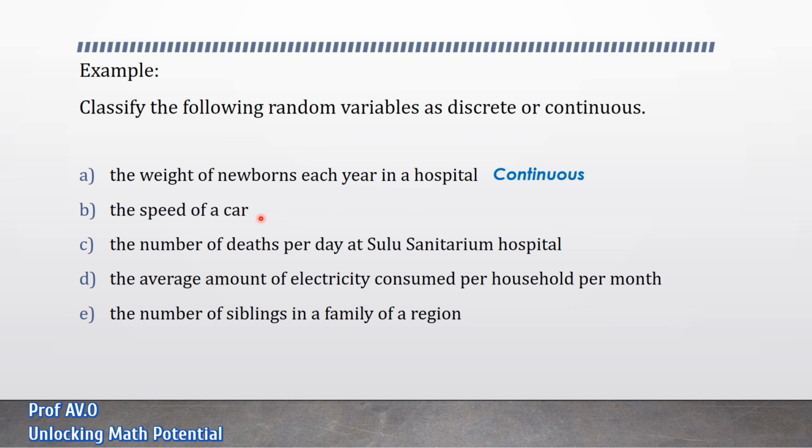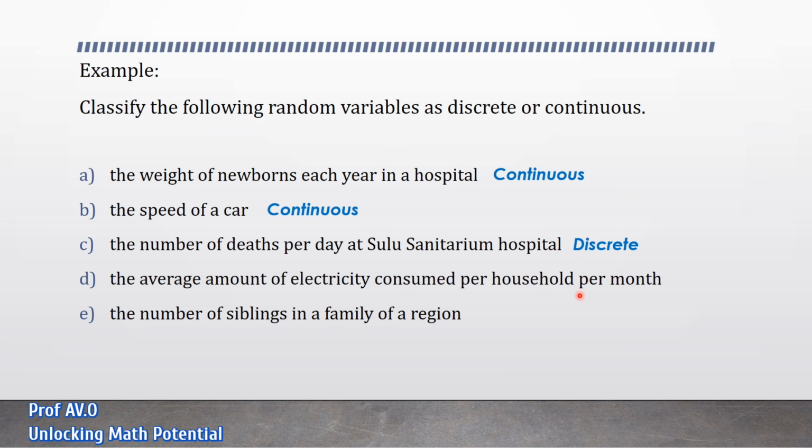For letter B, we have the speed of a car. So we cannot count the speed of the car, right? So it is continuous. For letter C, the number of deaths per day at Sulu Sanitarium Hospital. So definitely we can count the number of deaths at the hospital. So therefore it is discrete.